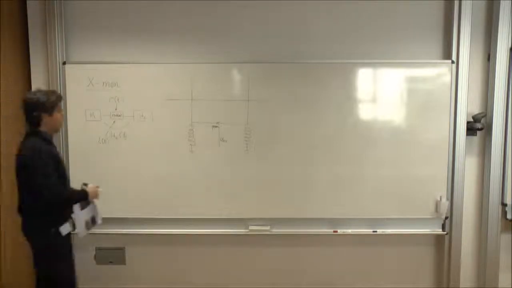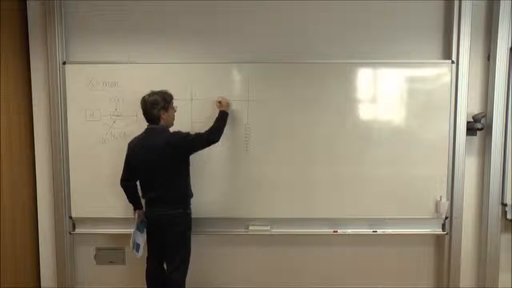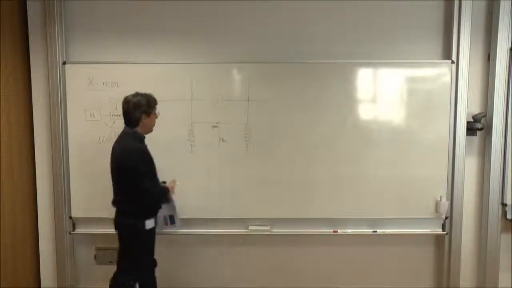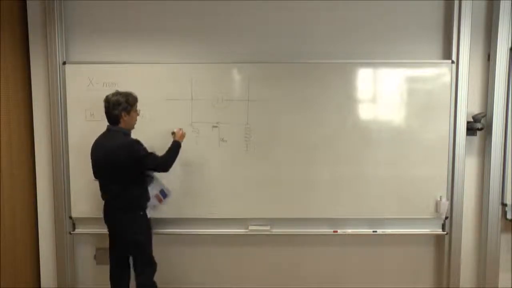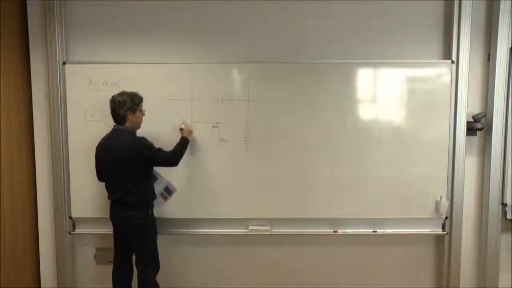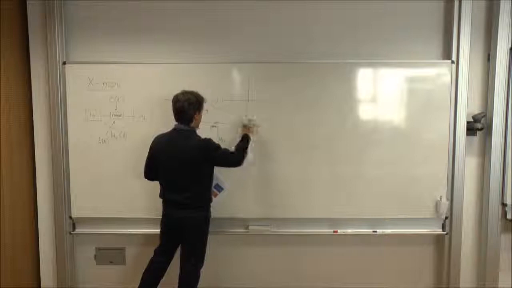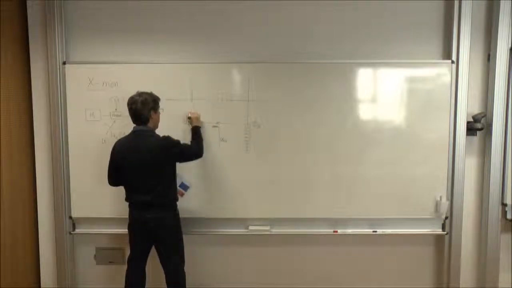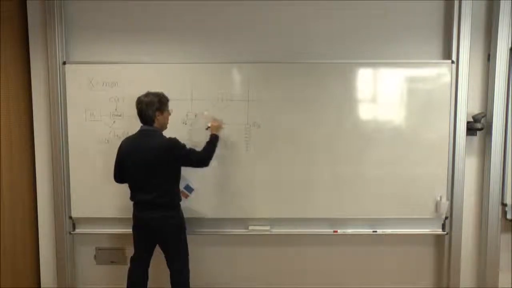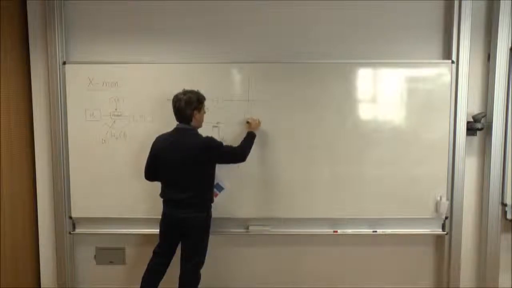So instead of having capacitive coupling here through the antennas, what we will do is that we will couple the flux of one junction, of one qubit, with the flux of the other qubit. This will be basically this approach.